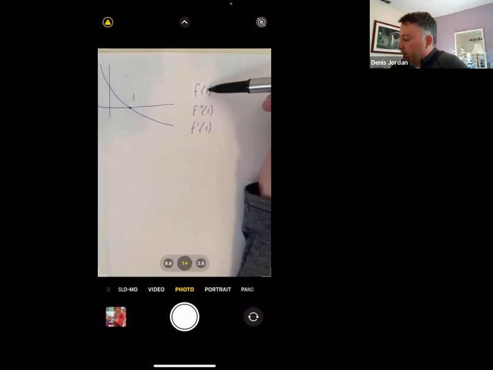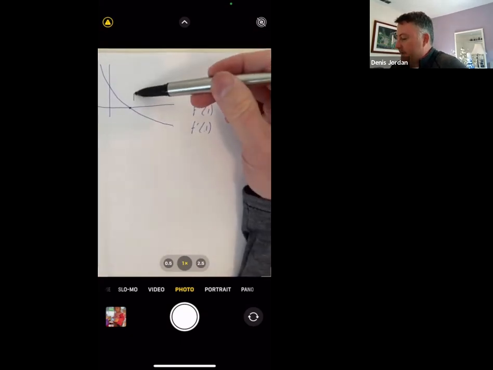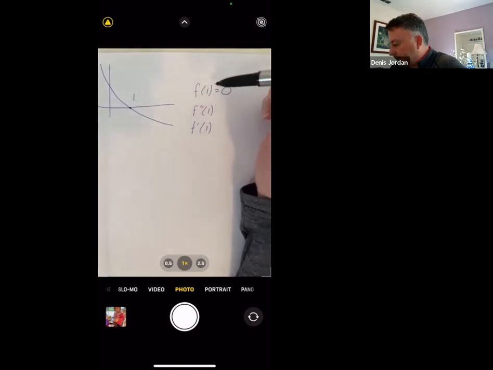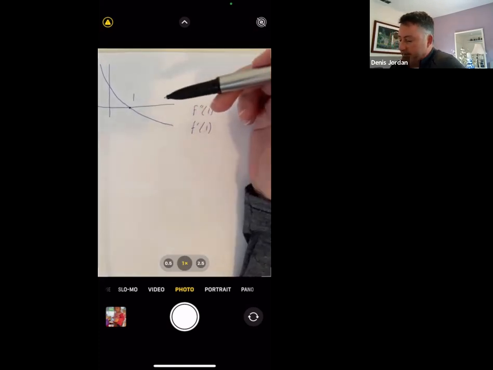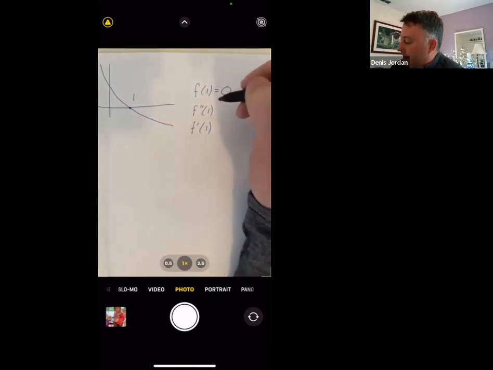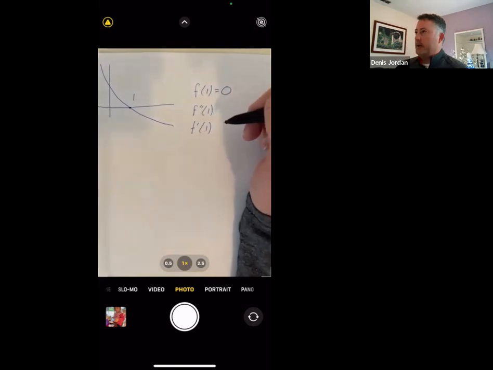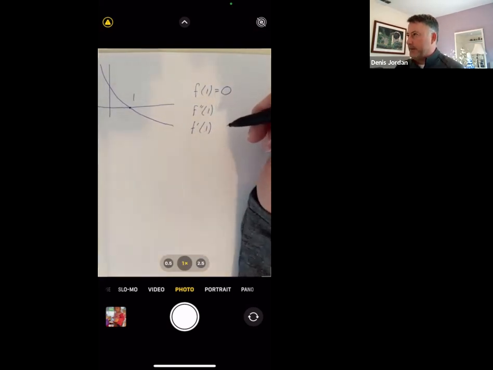Out of the three, there's only one value that you know for certain, and that's the function value. It equals 0, because it hits the x-axis. You don't know the exact values of the other two, but you can tell if they're positive or negative.